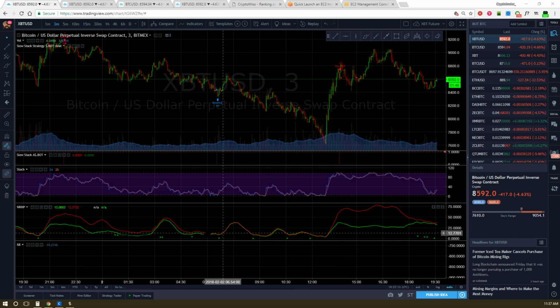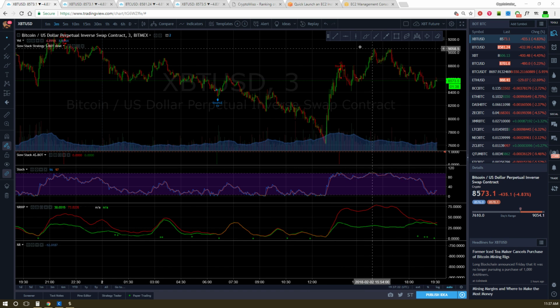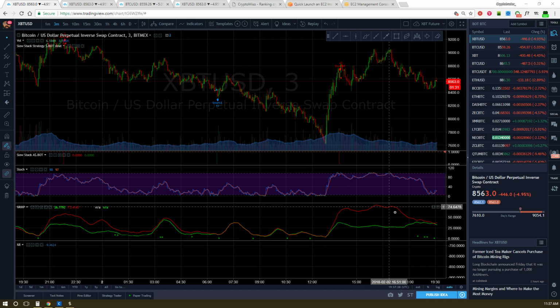I've been messing around with it and making it do certain things. When it was up here, it was showing sell signs, because this red line is a sell. I'm just testing this thing out and trying to see if it's reliable at this point right now.